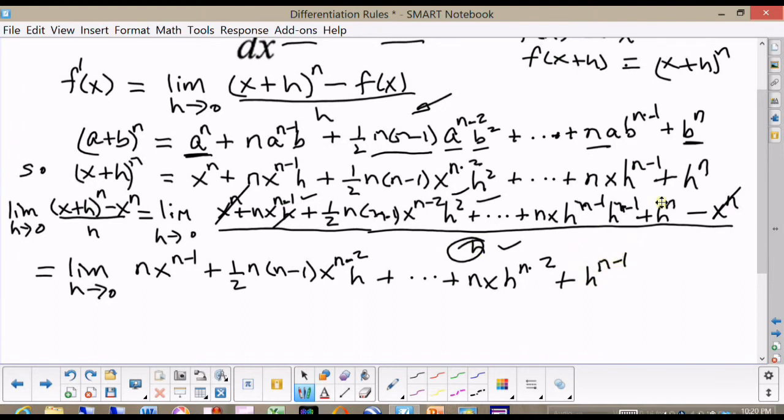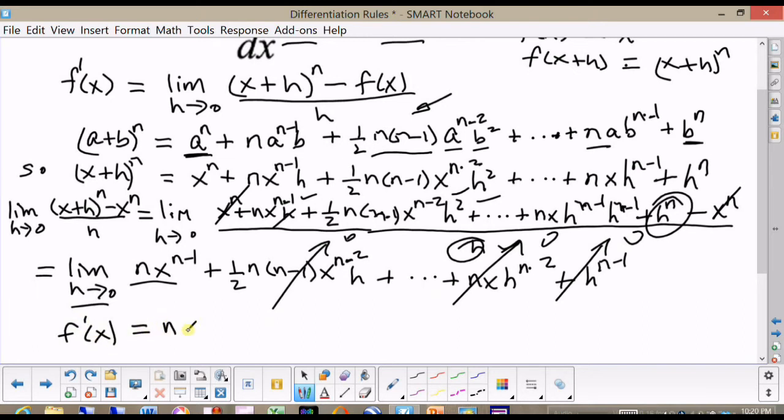Notice that this h will cancel out one of the h's and the h to the n. So notice as h goes to 0, the only term that doesn't have h in it is this term. All of these other terms go to 0. And so f prime of x is equal to n x to the n minus 1. This is called the power rule.